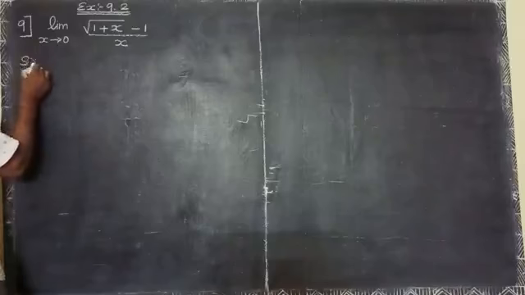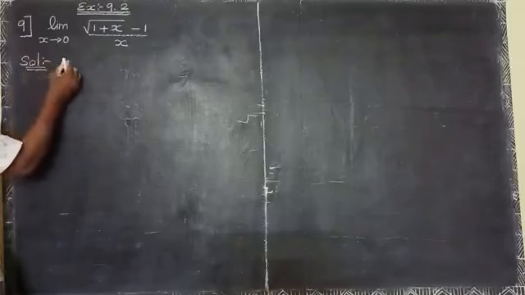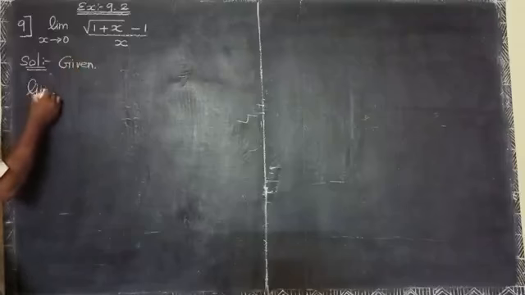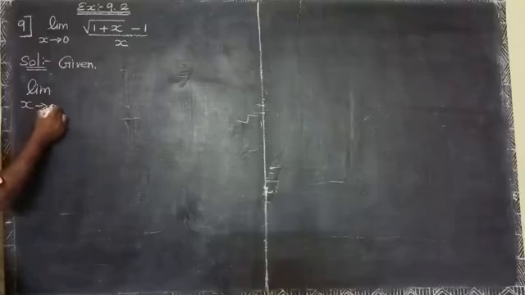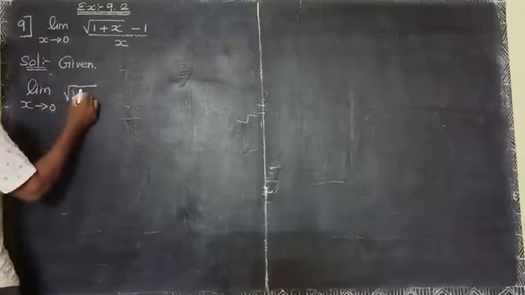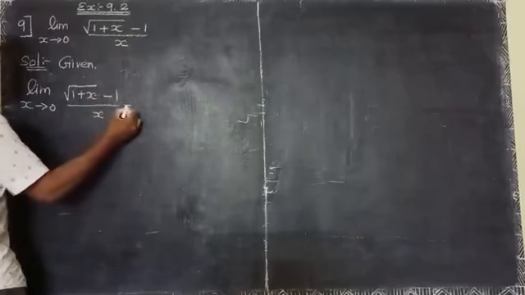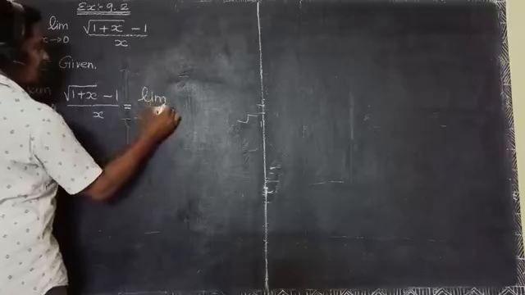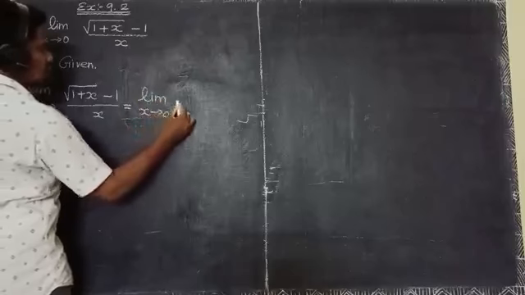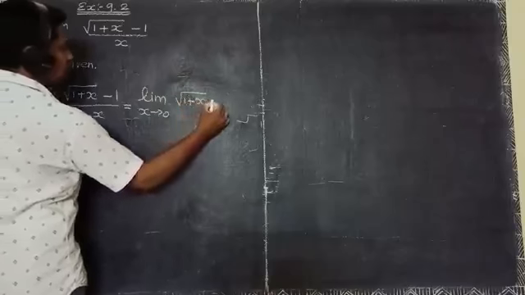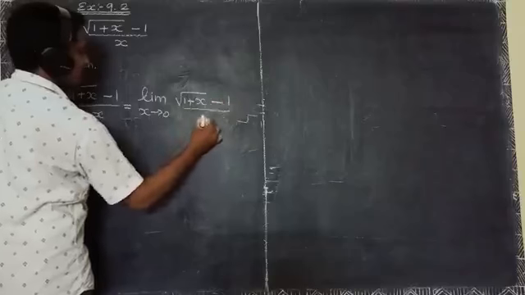Solution. Given the limit as x approaches 0 of square root of 1 plus x minus 1 divided by x, which is equal to the limit as x approaches 0 of square root of 1 plus x minus 1 divided by x.